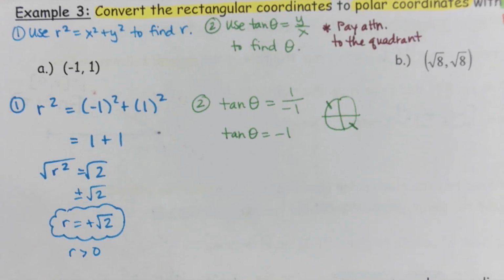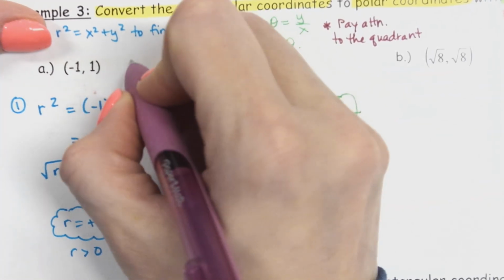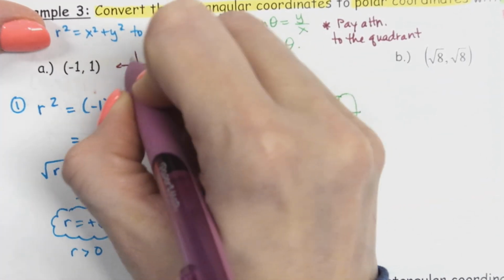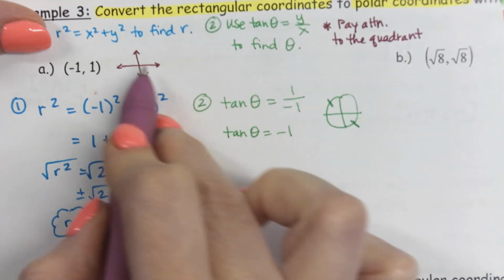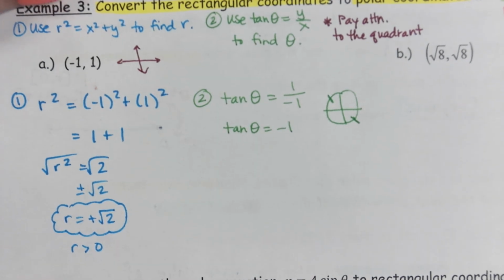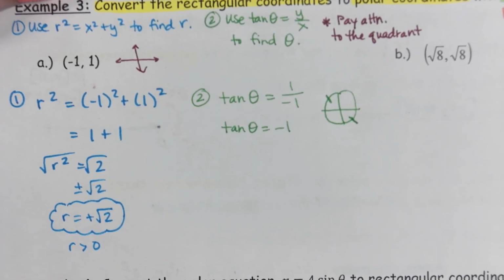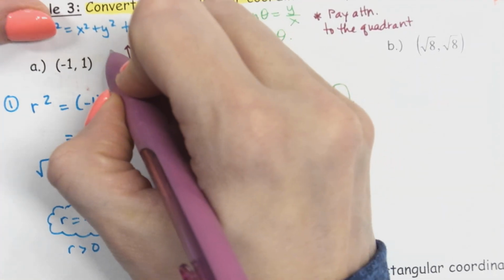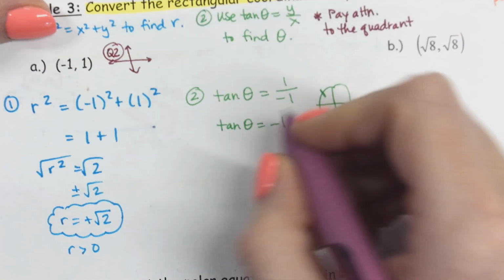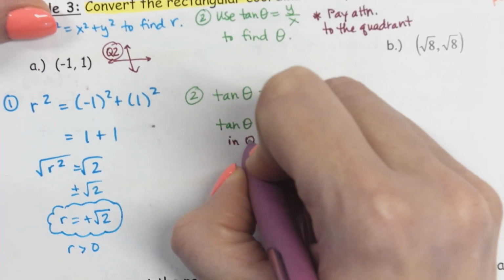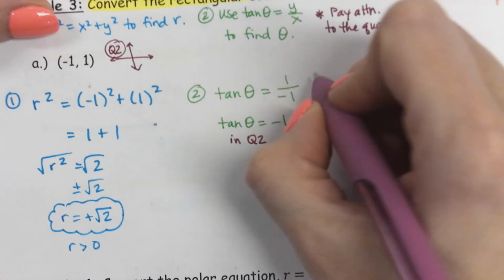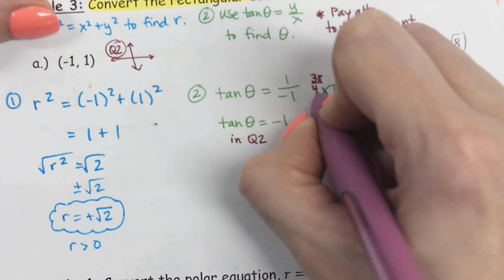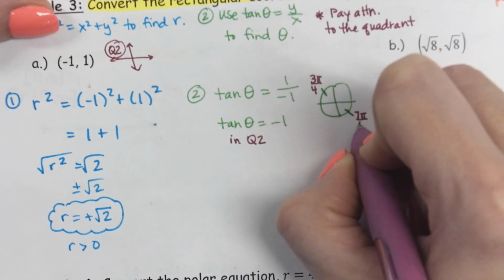So this original point, negative 1, 1, if you were to graph that on an XY plane, what quadrant would that be in? Quadrant 2, right? So it's going to be the answer that's in quadrant 2. Because you could have 3 pi over 4, you could have 7 pi over 4.